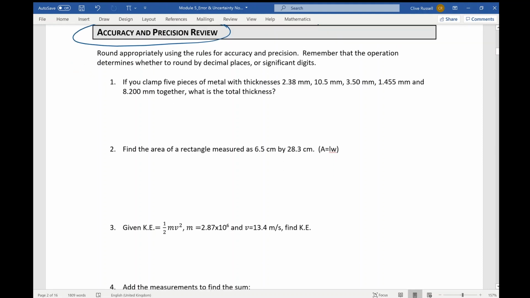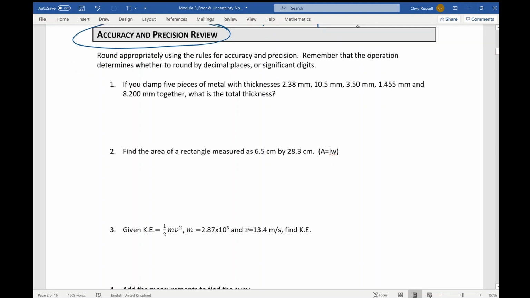Here's one. If you clamp 5 pieces of metal with thicknesses of 2.38 millimeters, 10.5 millimeters, 3.50 millimeters, 1.455 millimeters, and 8.200 millimeters together, what is the total thickness? Clearly you're adding, right?